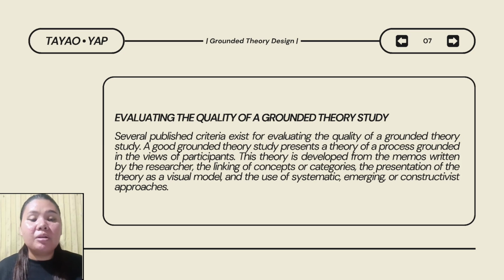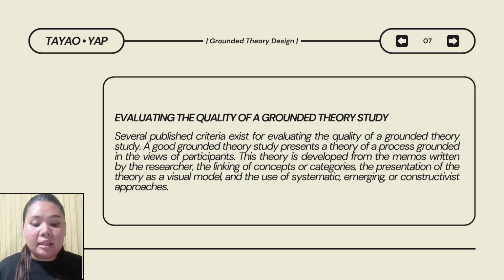In a high-quality grounded theory study, some combination of these factors exist and the author makes explicit the process or action at the heart of the study. Because you are willing to conduct that study, you make explicit the process or actions that support your research problem. Okay? Next, it develops or generates a theory at the end of the study that is grounded in the views of the participants.